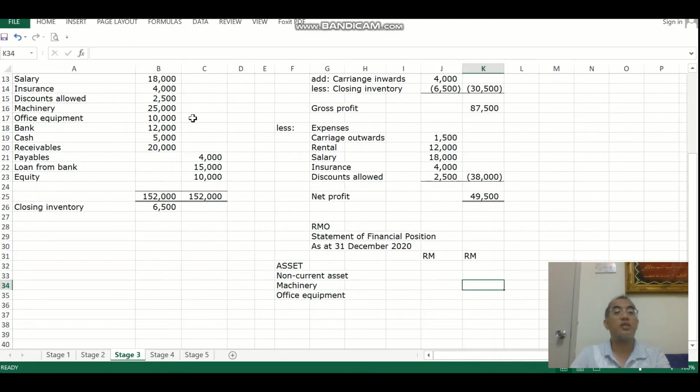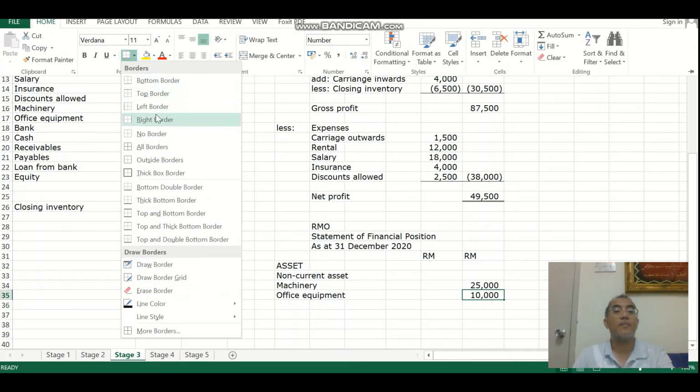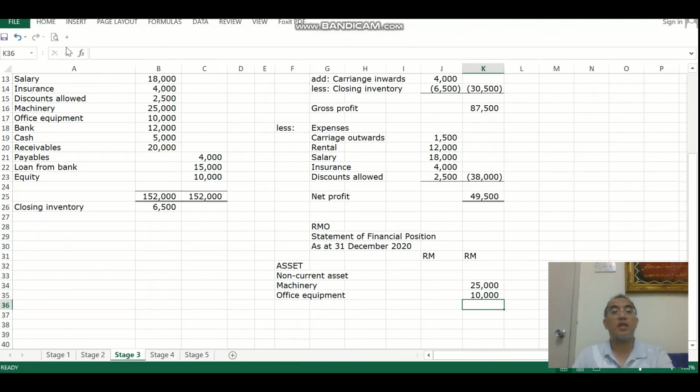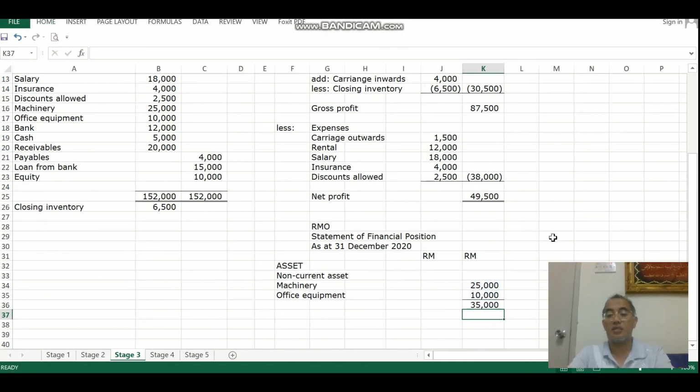So machinery is 25,000 and your office equipment is 10,000. How much is our total asset or non-current asset? Okay, 35,000.